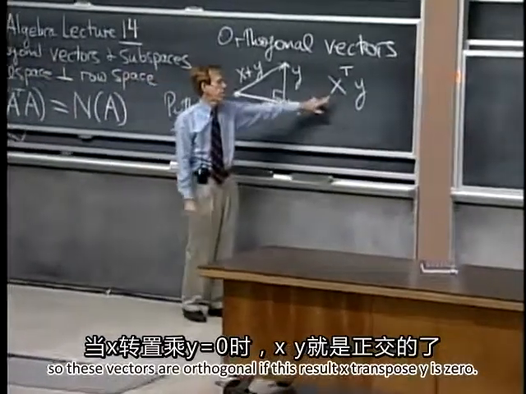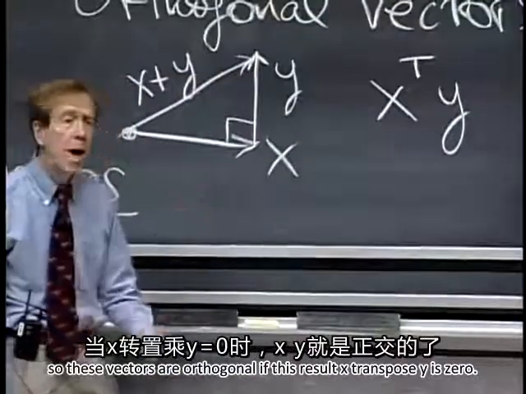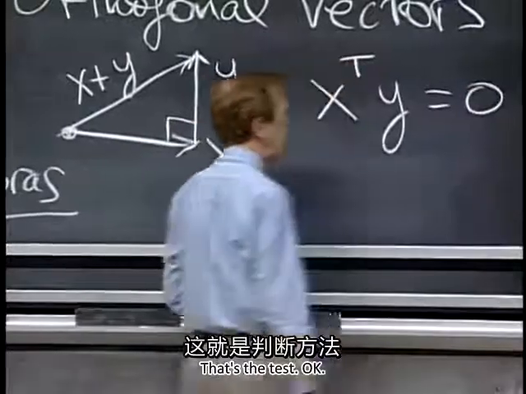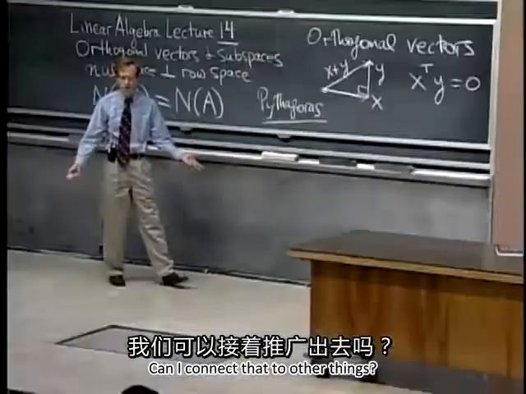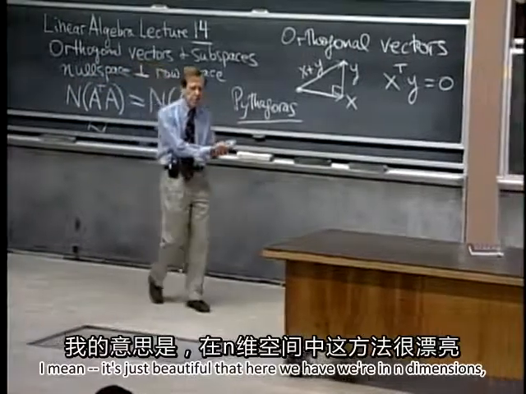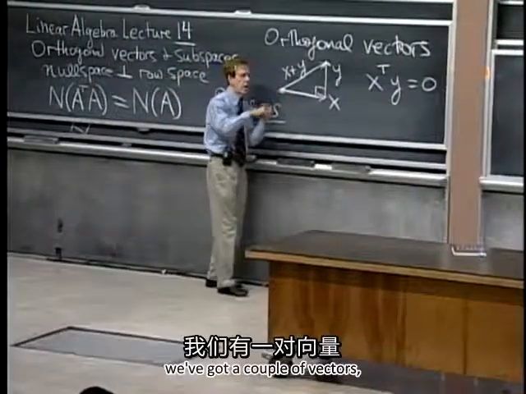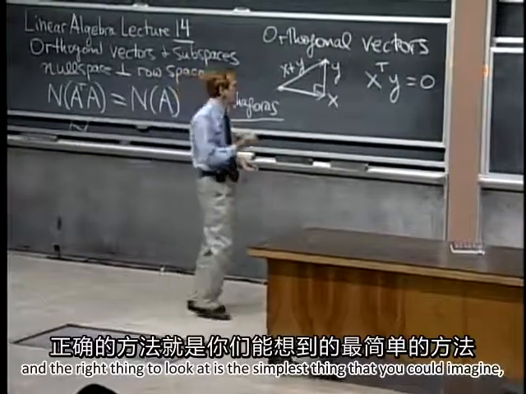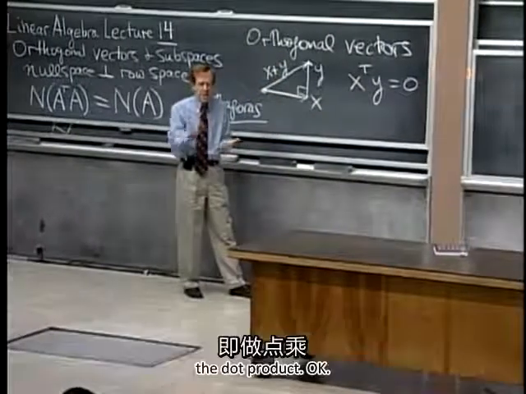So these vectors are orthogonal if this result, x transpose y, is 0. That's the test. Okay. Can I connect that to other things? It's just beautiful that here we're in n dimensions. We've got a couple of vectors. We want to know the angle between them. And the right thing to look at is the simplest thing you can imagine, the dot product.